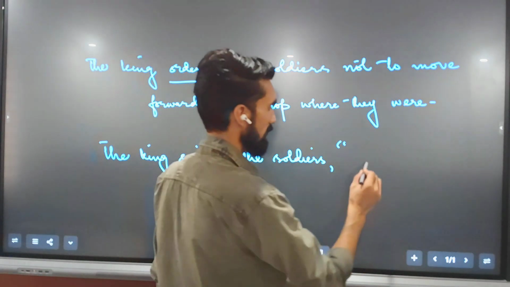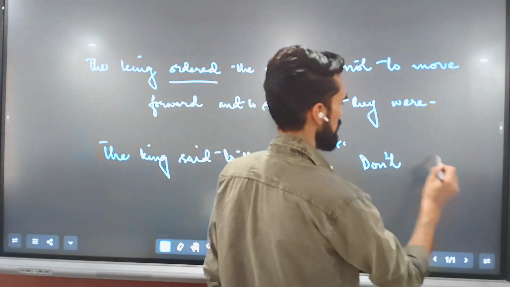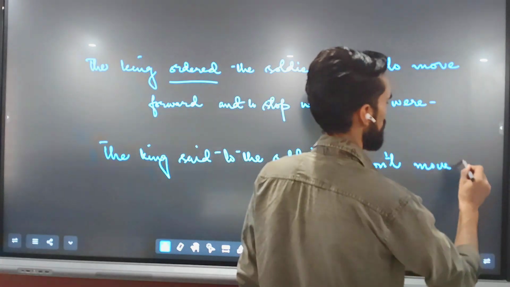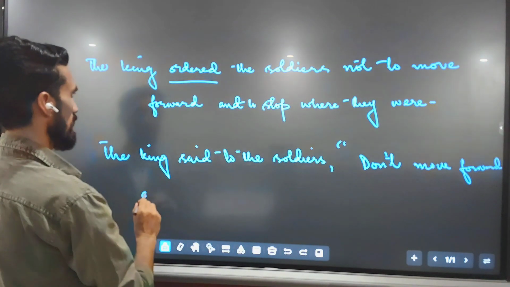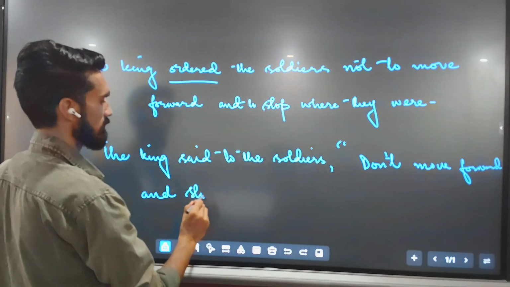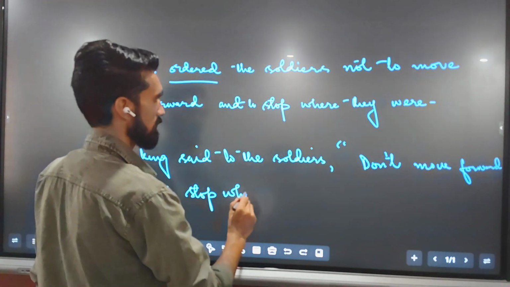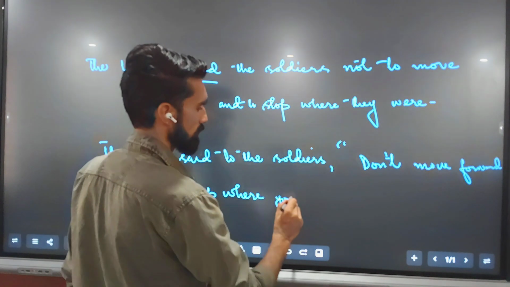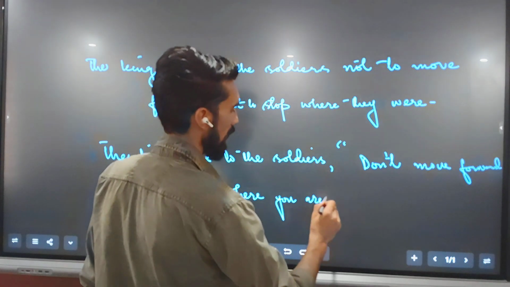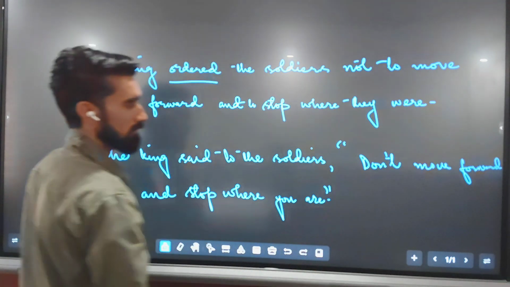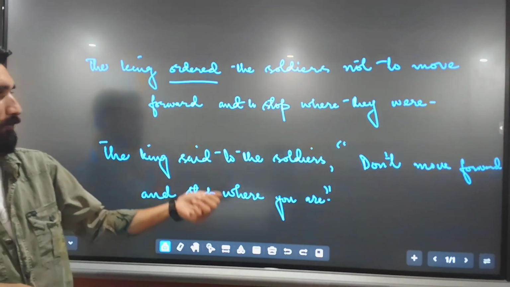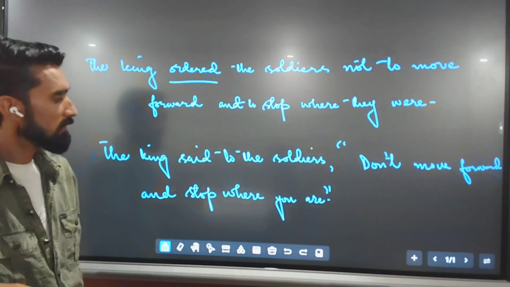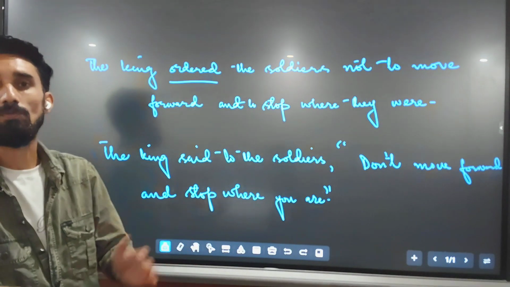So it is a negative sentence, so it will begin with don't move forward and stop where they change into you, and were changes into are. The king said to the soldiers, don't move forward and stop where you are.